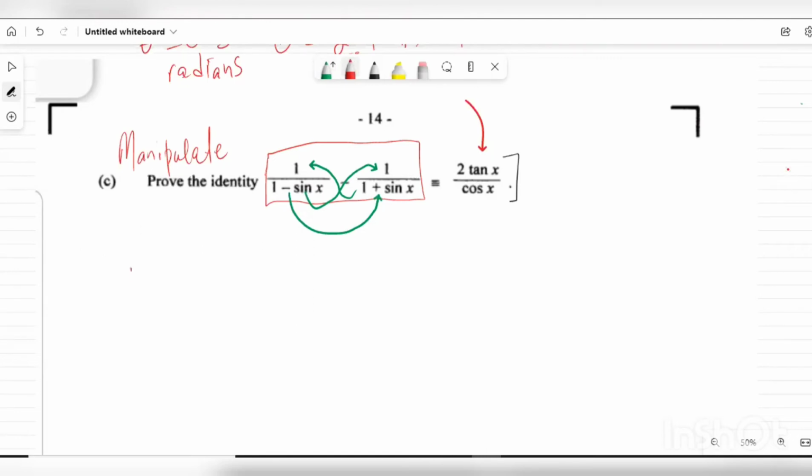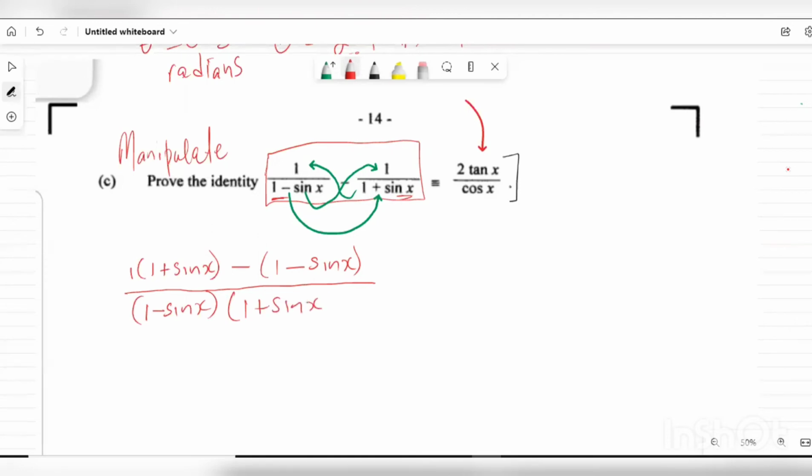So then we will have 1 times this down here, which is 1 plus sine x. The minus sign is there. So we have minus 1 times this, all over the two bottom things multiplied. So 1 minus sine x times 1 plus sine x.